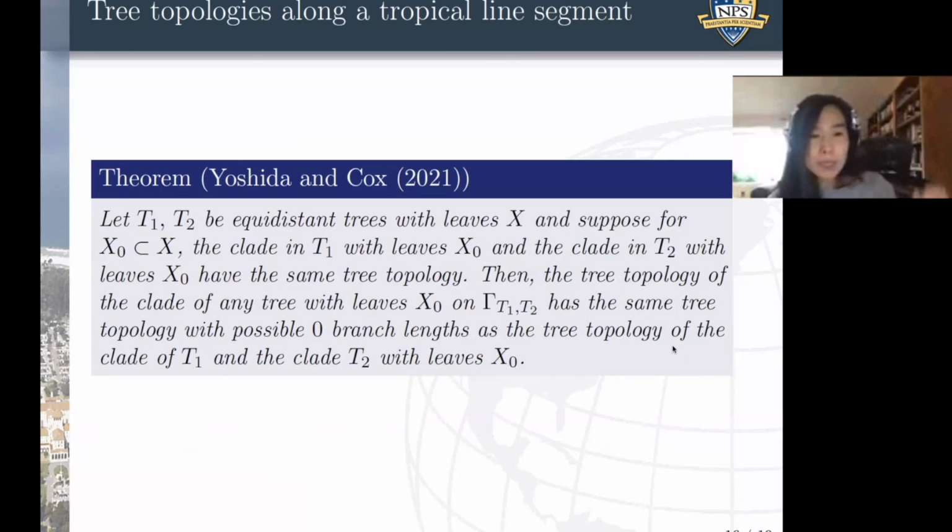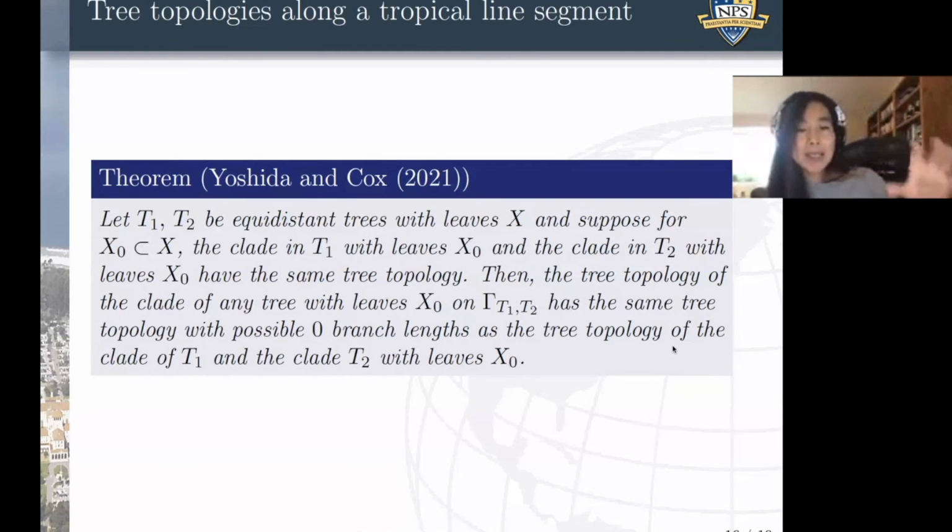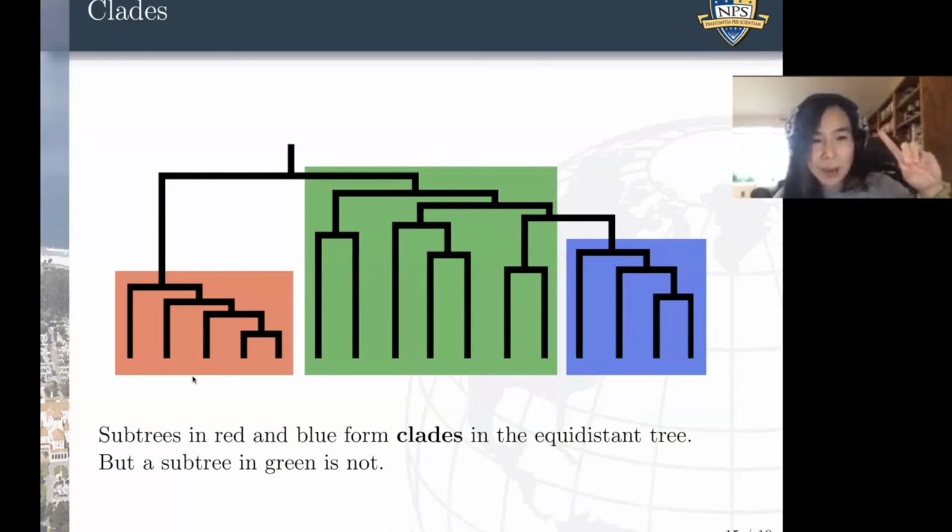All right. So the second theorem is that, suppose I have two equidistant trees, and they share some clade, like, for example, this red part.